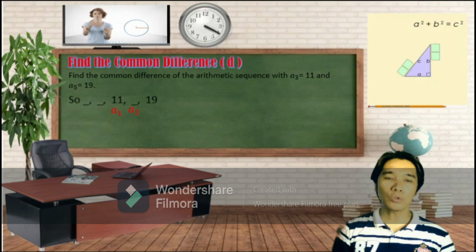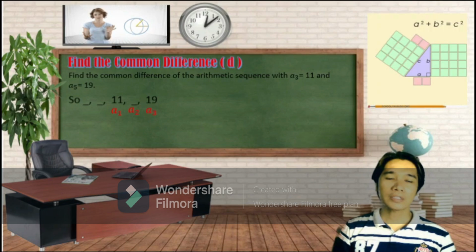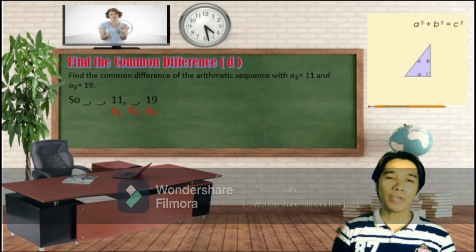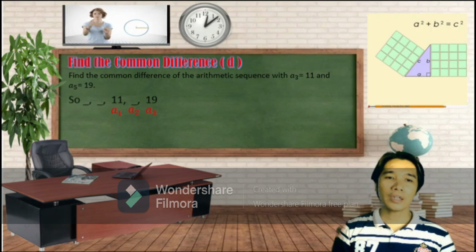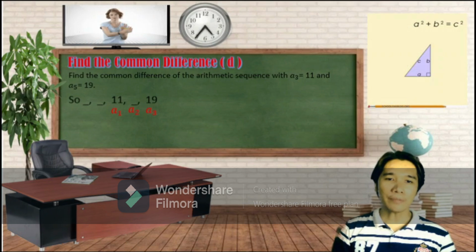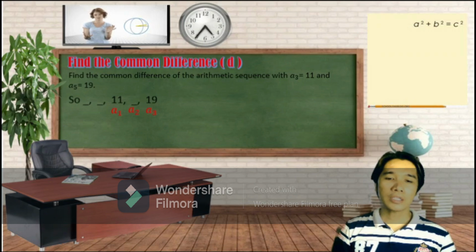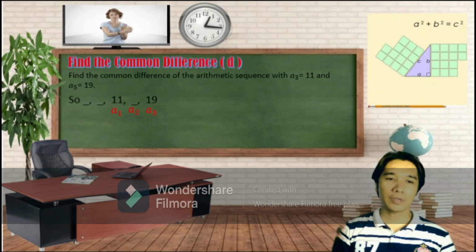Then we have a sub 2, then a sub 3. Okay, so for the meantime, 11 will be our first term, then 19 will be our third term. But originally, 11 is our third term, and then 19 is our a sub 5 or the fifth term.